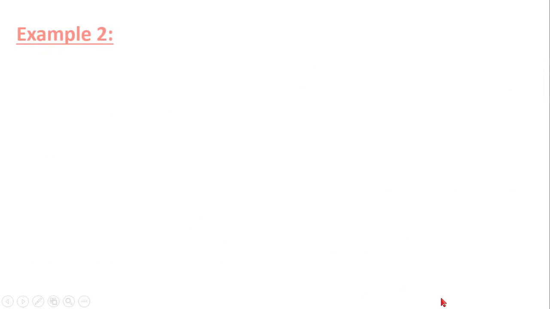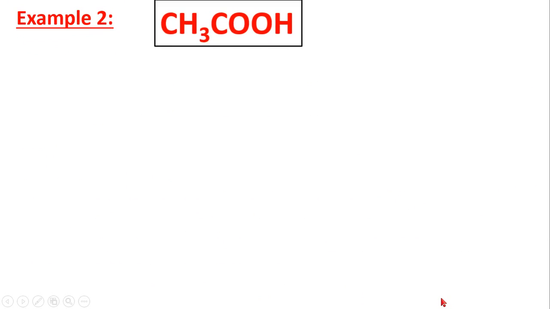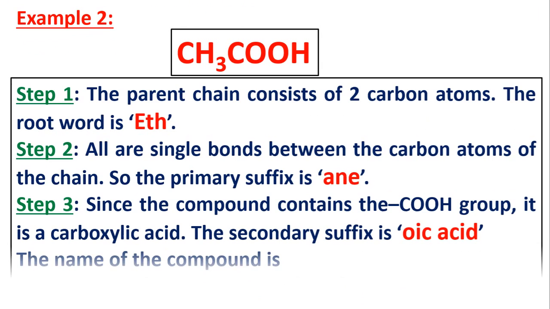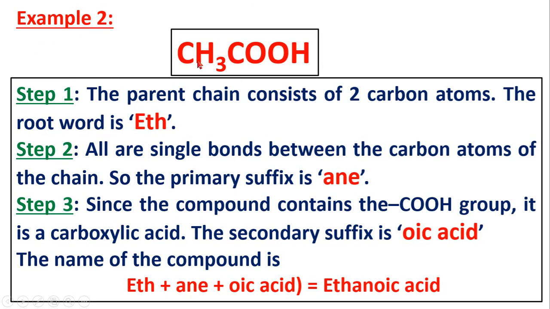Example 2. CH3COOH. Here, count the carbon atoms: 1, 2. Two carbons means the root word is eth. So step 1, the parent chain consists of 2 carbon atoms. The root word is eth. Step 2, all are single bonds between the carbon atoms of the chain, so the primary suffix is ANE.